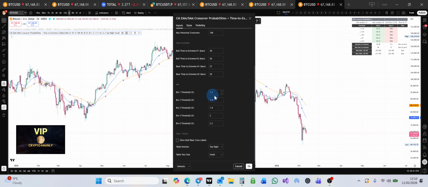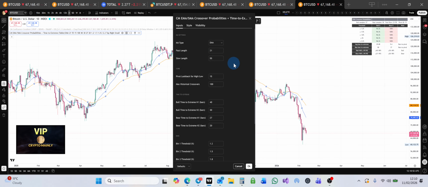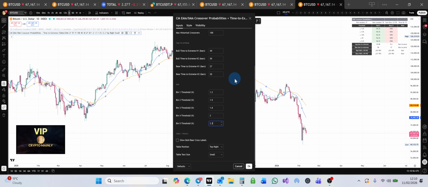You can see where it says the bins here, these are customizable bins. And what that does is up on the chart, it tells you. For example, on this chart we're looking at the EMA 21 and 55 cross, and what we're looking at here is the percentage threshold and the likelihood of reaching that threshold. On a daily time frame, these values are very high. Obviously, just for 2.2%, the values are very high that it will reach that.